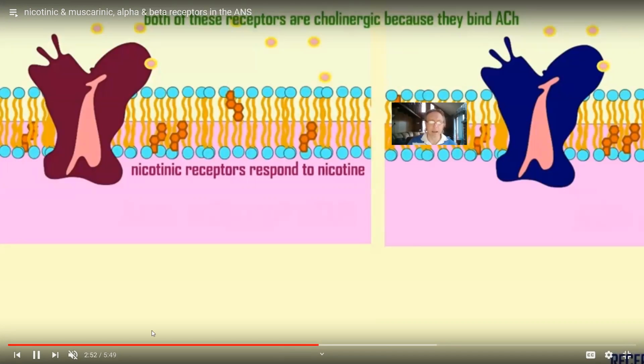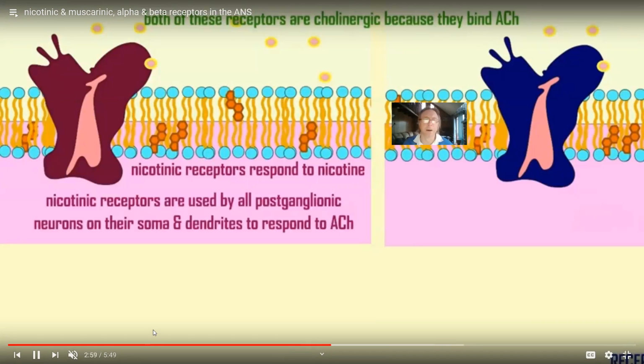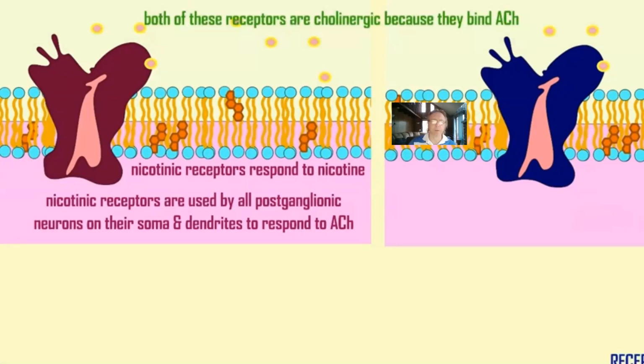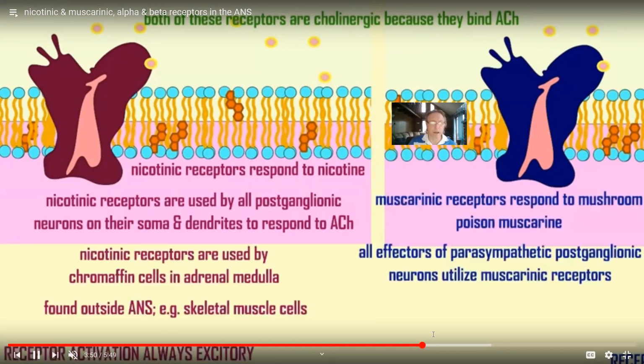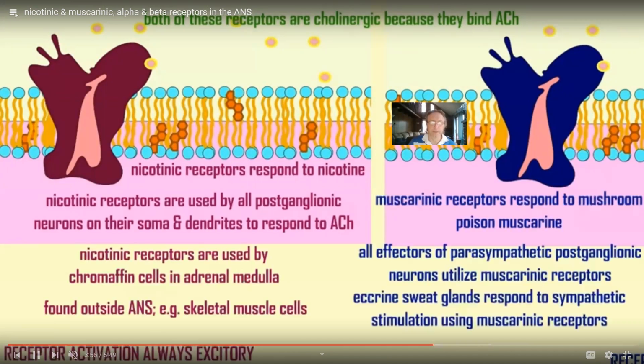The nicotinic receptors are those used by all of the postganglionic neurons on their soma and dendrites. Skeletal muscle cells will use them as well. They are used by the chromaffin cells in the adrenal medulla. And when acetylcholine binds here, it excites the cell.